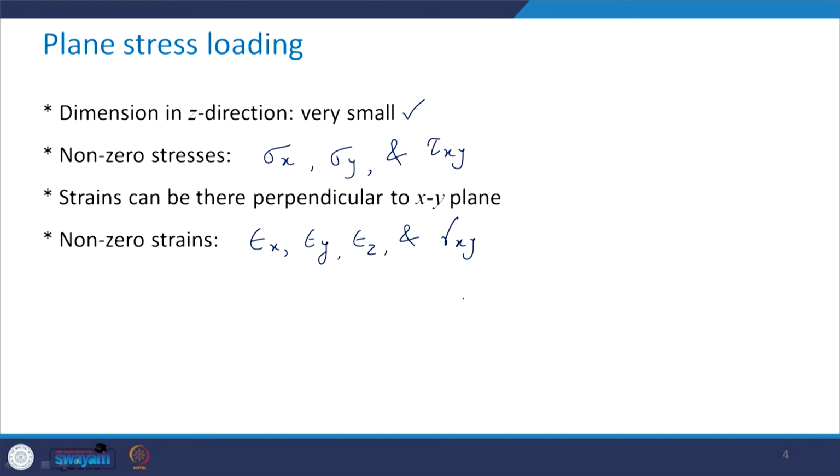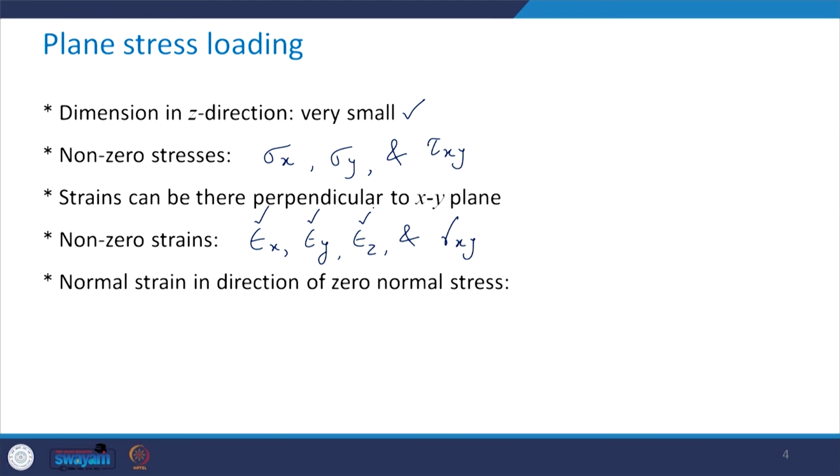What this means is that all three components of normal strains, that is epsilon x, epsilon y and epsilon z, are going to be non-zero in case of the plane stress loading. Now, what will happen when you have normal strain in the direction of zero normal stress? You can see from here that sigma z is 0 in this case, but in the z direction epsilon z is non-zero.